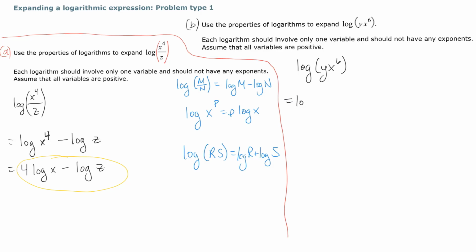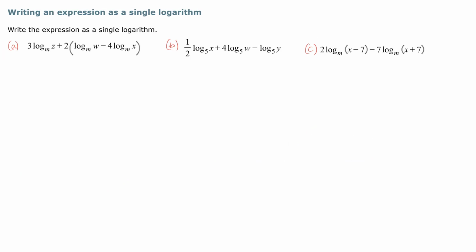I'm going to rewrite that as log of y plus log of the argument x to the 6. And we have log of y plus, we're going to take that 6, make it into a coefficient, and this is expanded as much as it can be. Let's circle that.